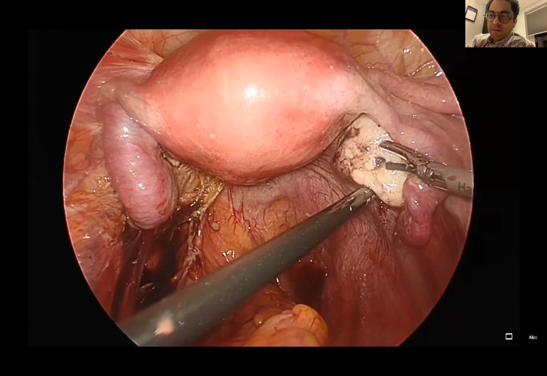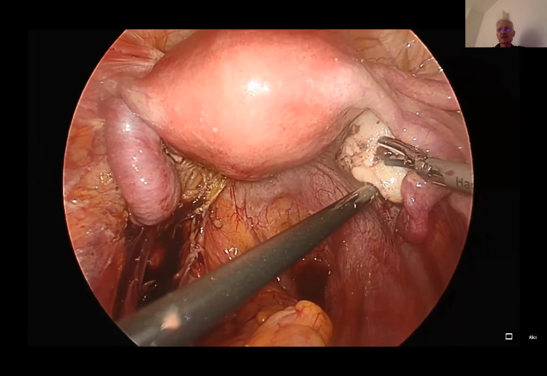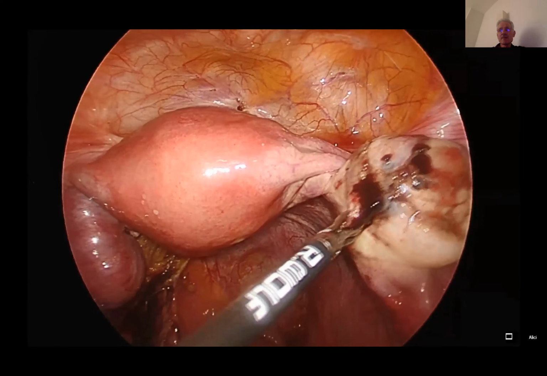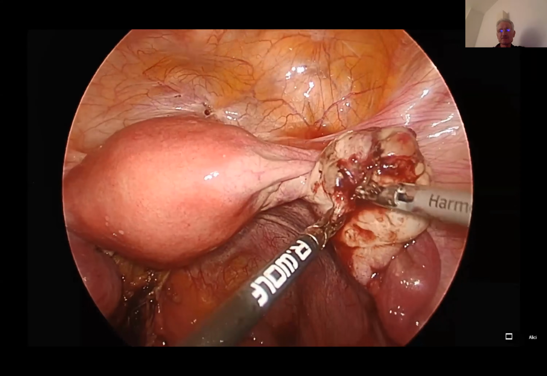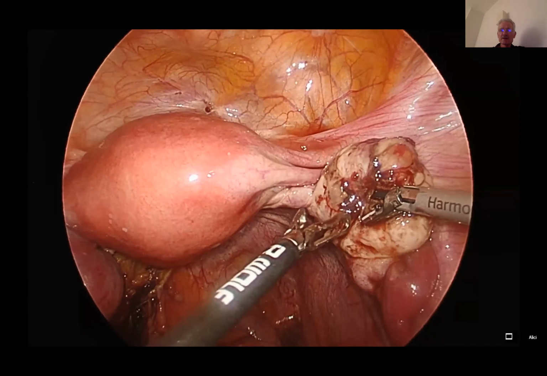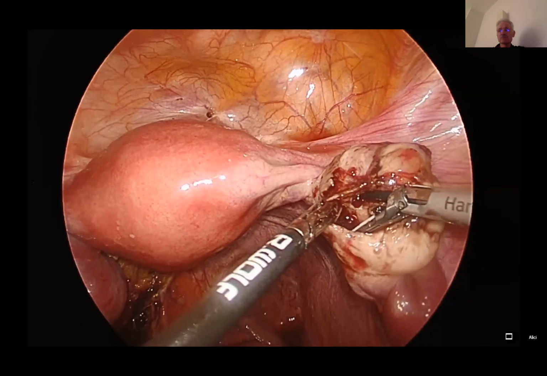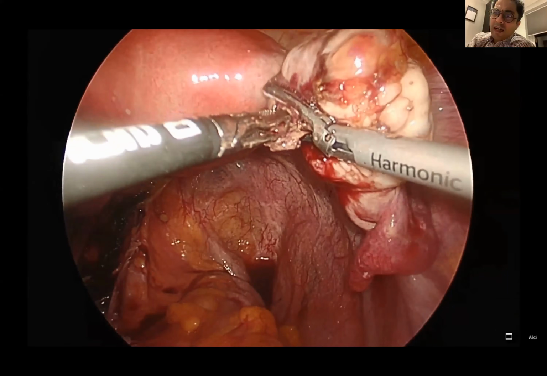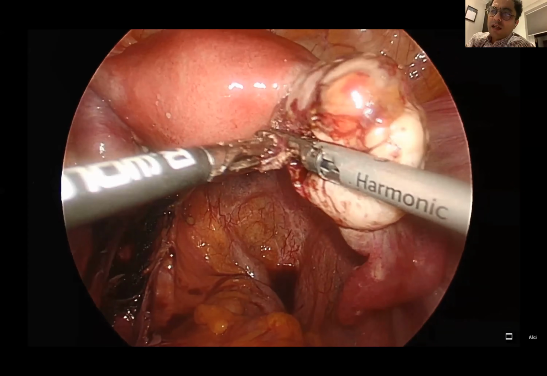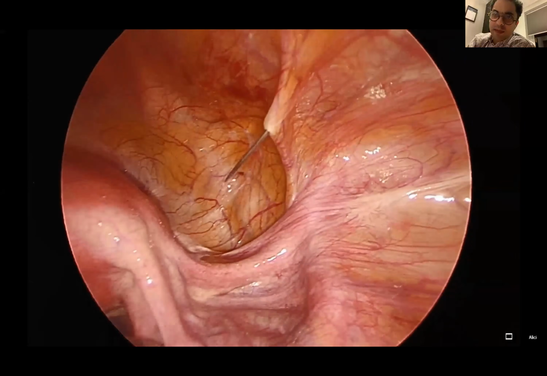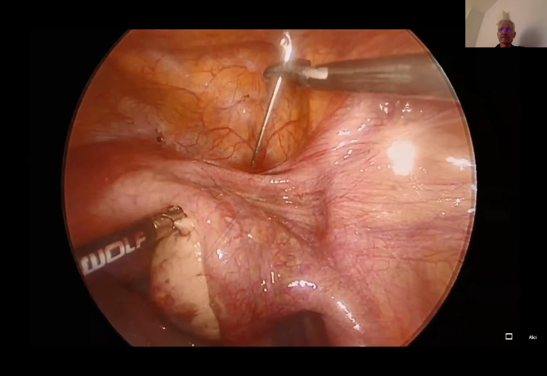You're right, but if it's superficial, it's a peritoneal lesion, and if it infiltrates into the depth of the ovary, then you have to classify it as O. You are correct. And if there are superficial lesions on the ovary, would that be counted as peritoneal or separately? Yes, peritoneum. Okay.